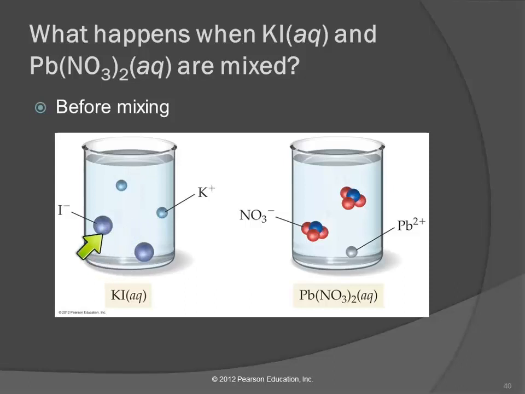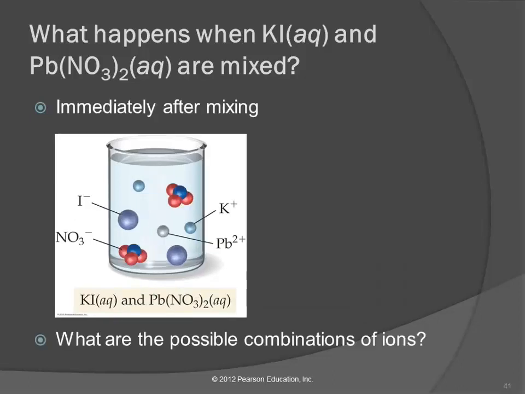They're not hanging around together. They're just mingling and meeting other people. They're going around the party. And then over here, we have lead ions and nitrate ions. And this is a soluble compound. And so it dissolves into ions as well. The nitrate ion, being a polyatomic ion, stays together as a nitrate ion. But it is separate from the lead. Okay? So we've got these separated ions.